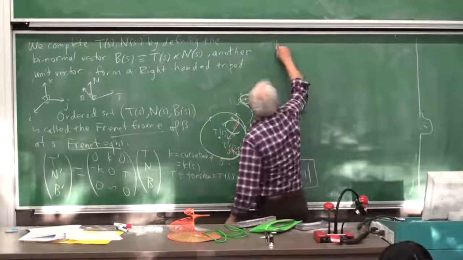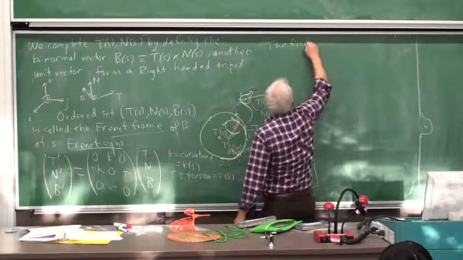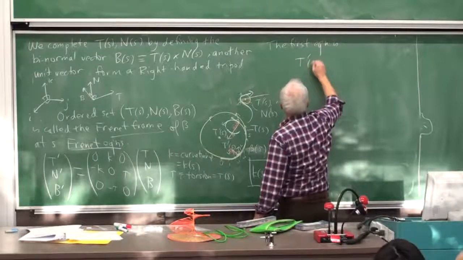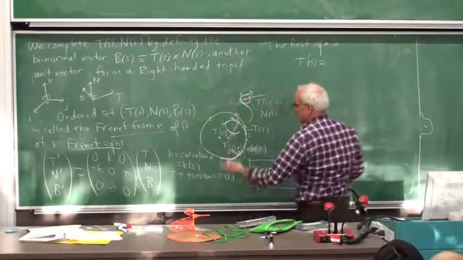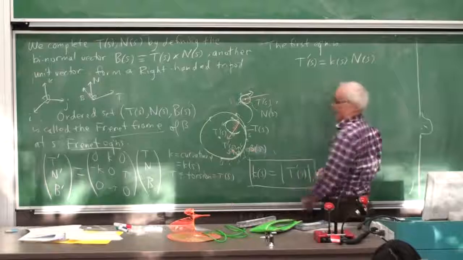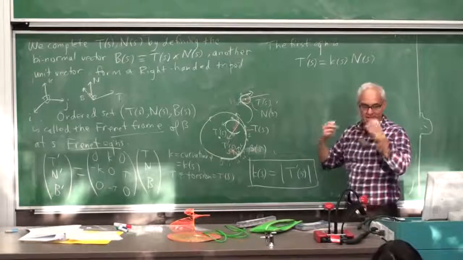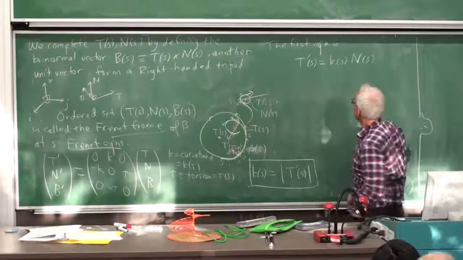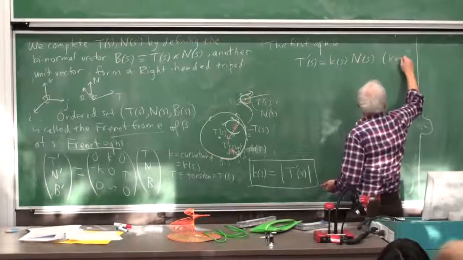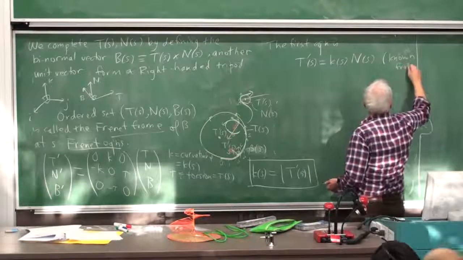So the first equation is T prime of S equals K of S times N of S. I'll write down the S dependences so we make sure everything is depending on S. And so that's really already known from the definition.